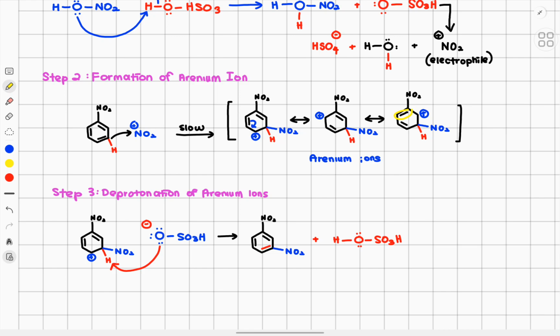The third arenium ion is where the ion will move back here and form here.